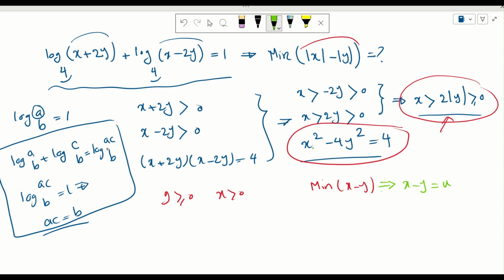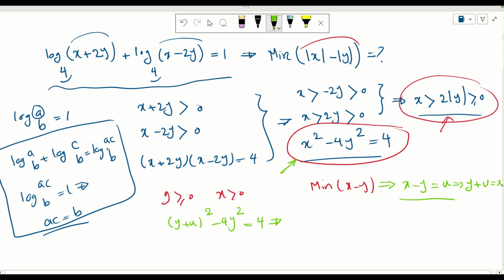Now we have this equation x squared minus 4y squared equals 4. We also have this x minus y equals u. Now instead of using x, I'm going to use y plus u. And then instead of having this equation, I'm going to end up with y plus u to the power of 2 minus 4y to the power of 2 equals 4.